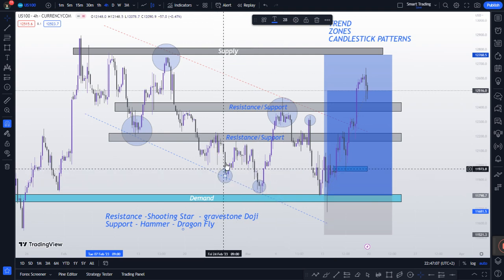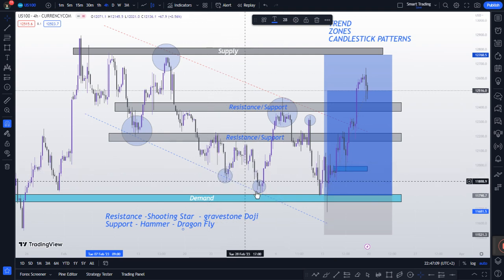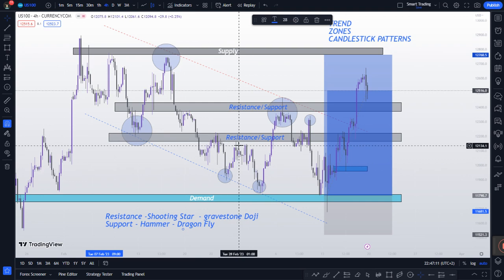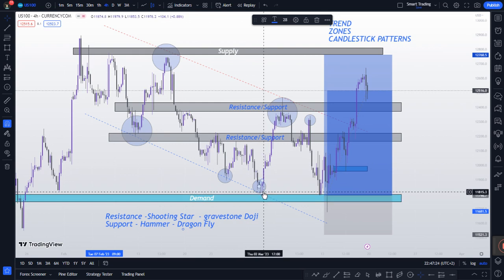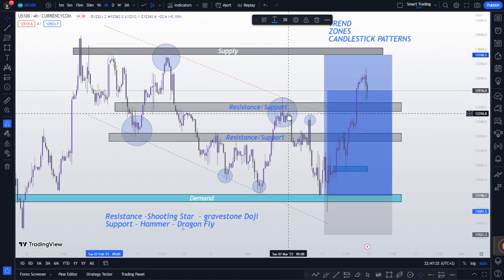So since we were at support, it did manage to go up even if it was indecision, and went all the way down. As it went all the way down, we got a dragonfly doji, and again we had a hammer. It shot all the way up, came to resistance, and gave out a shooting star, confirmation of a sell. Then you enter your sell.